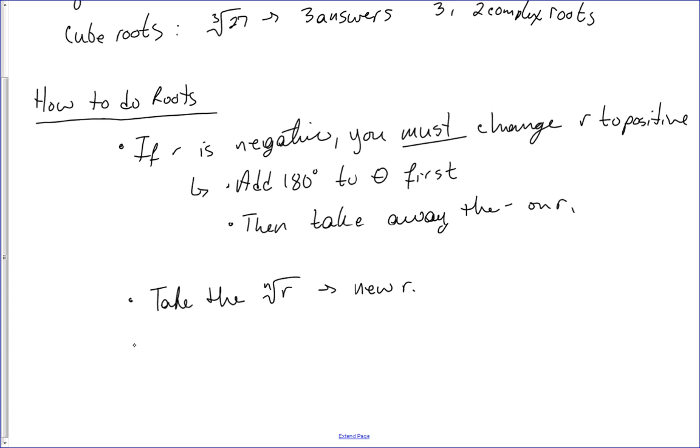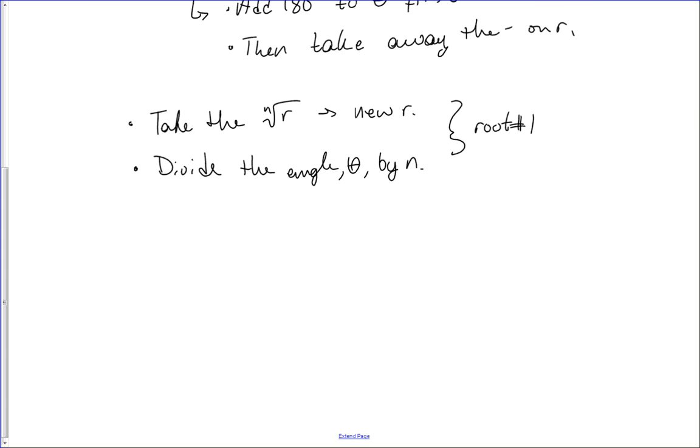And then you divide the angle, theta, by n. Then this information here actually gives you root number 1.